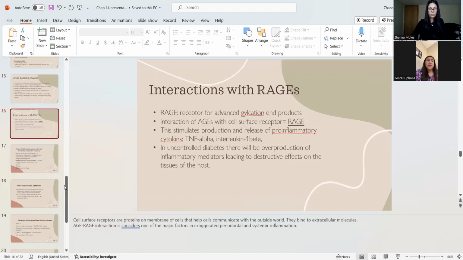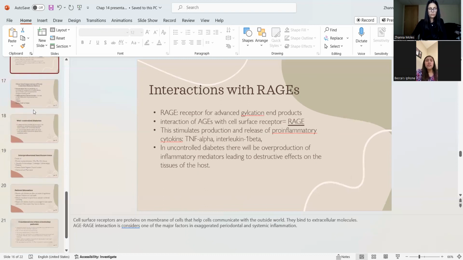Then the next one, interaction with RAGEs. This is that second kind of interaction with AGEs. RAGE is the receptor for advanced glycation end products. So the interaction of AGEs with cell surface receptors is going to form RAGEs. Our cell surface receptors are what allow the cells to communicate with the external environment.